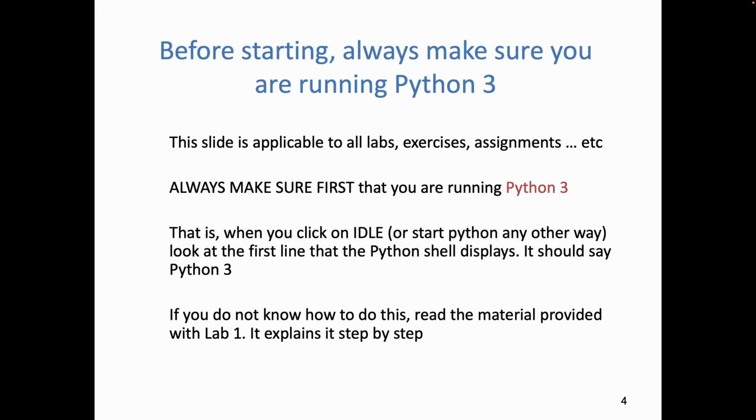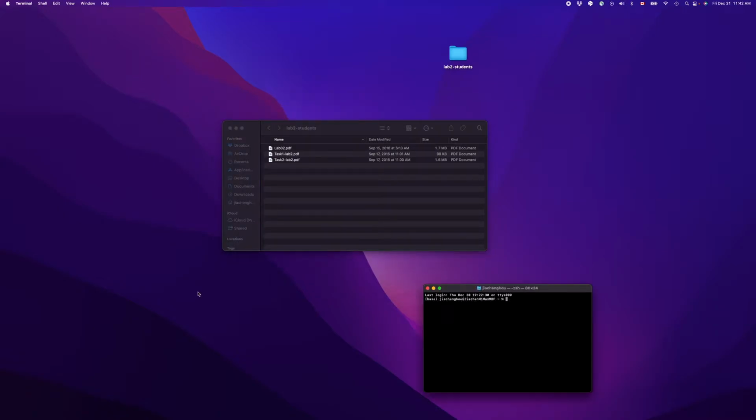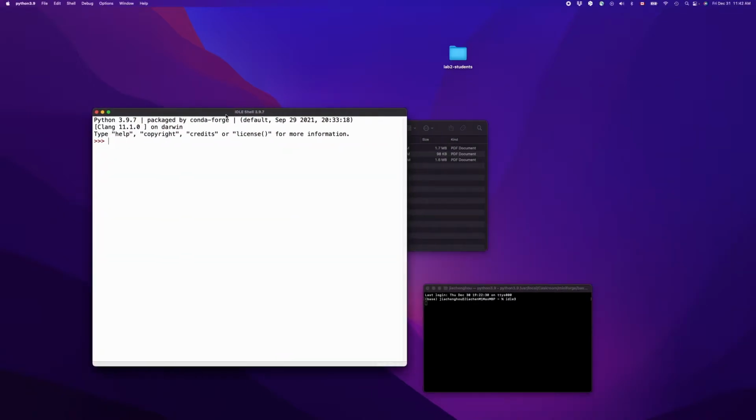So before starting, you should know that you have to run Python 3. Make sure that you are running Python 3. This is visible when you open the IDLE shell. Let me open the IDLE shell. Here, in the bar, it shows the Python version you are using.